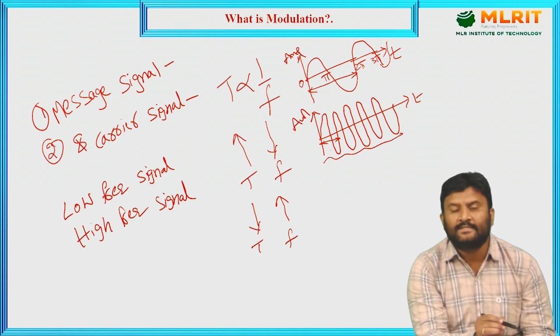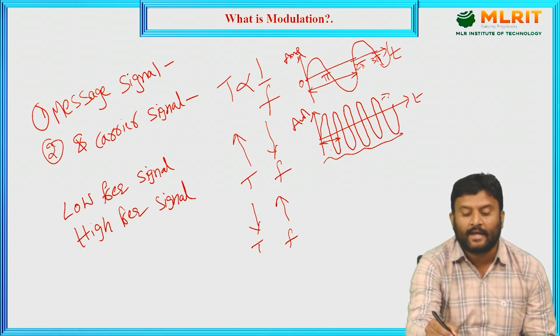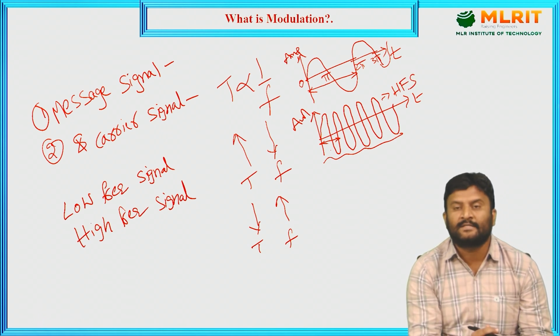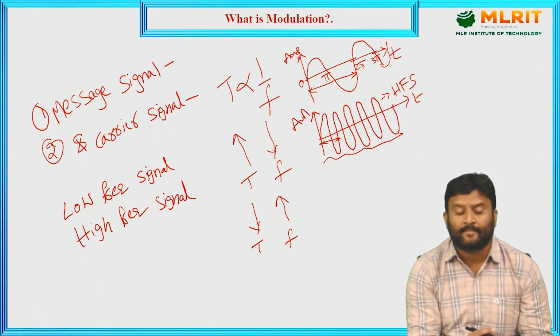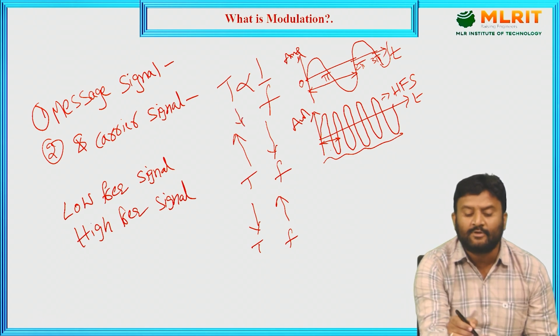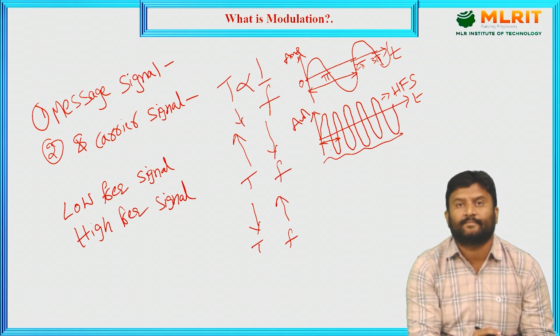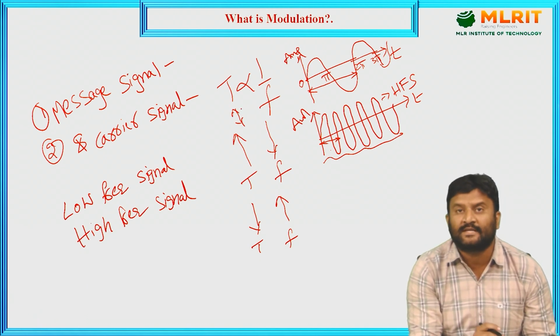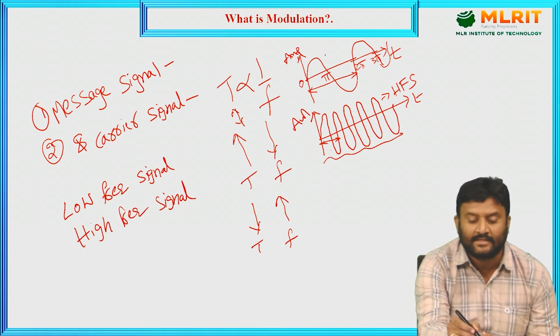Therefore, this is a high frequency signal. Here the time period is more, so the frequency is less. Then this is the low frequency signal.